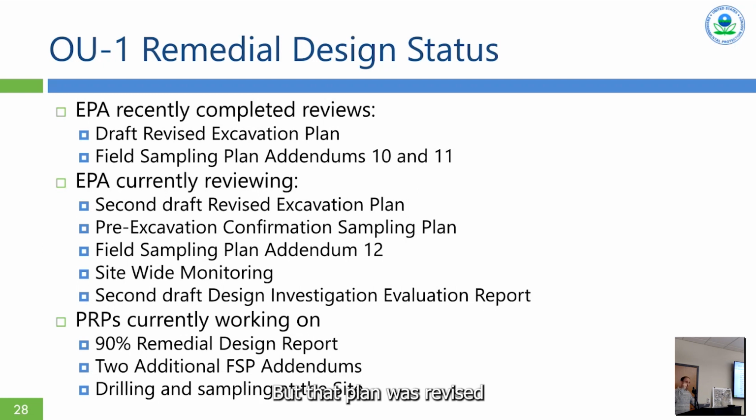But that plan was revised and submitted to us about 2.5 weeks ago. It is my highest priority because, as you'll see when we get into schedule, once EPA can approve that revised excavation plan, that sets the due date for the 90% design.